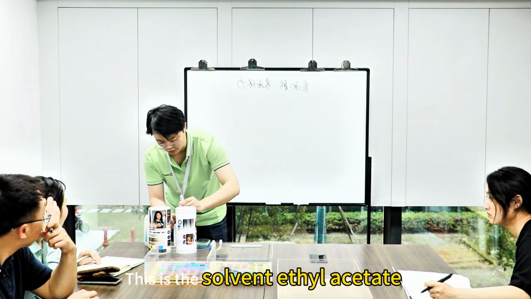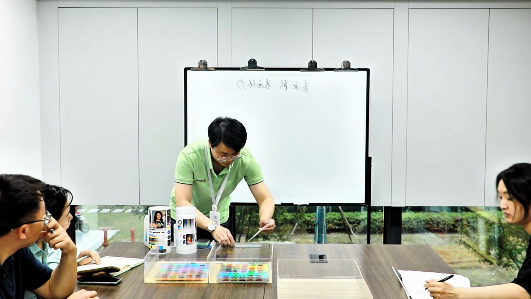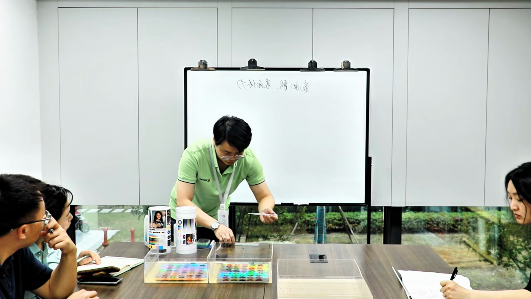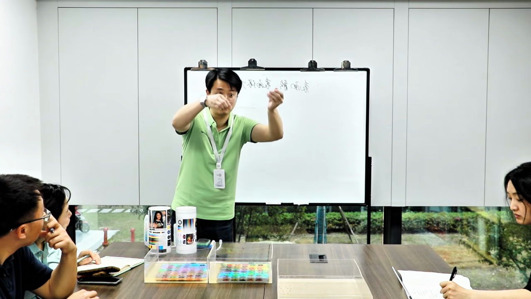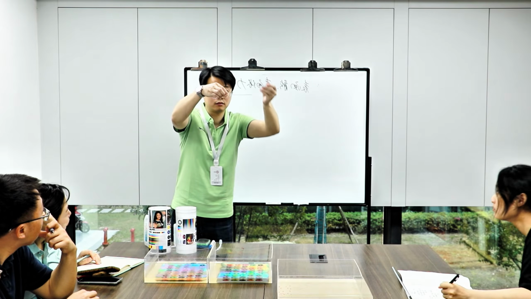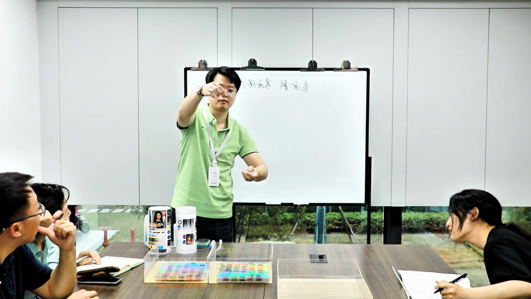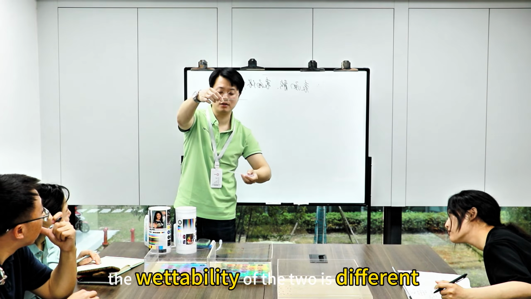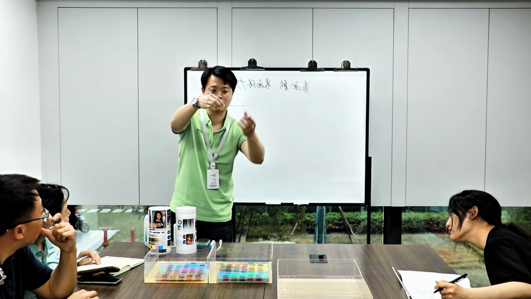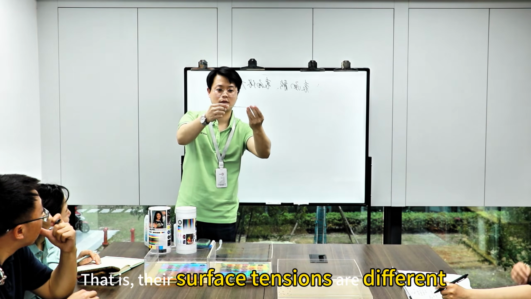This is the solvent ethyl acetate. Okay, I drop it on it. As you can see, the wettability of the two is different. That is, their surface tensions are different.